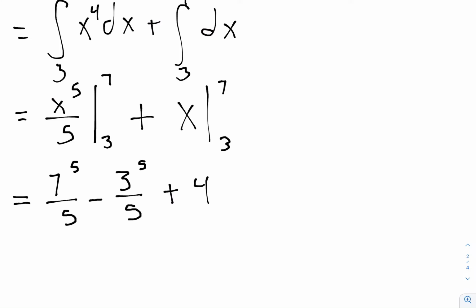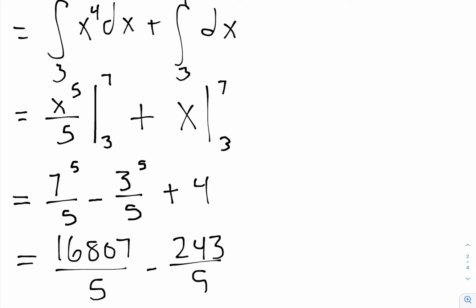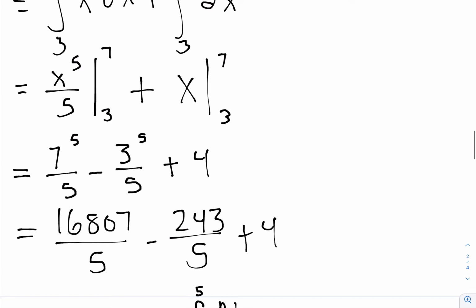So 7 to the power of 5, let's just do that right now. 7 to the power of 5, that's going to be 16,807. So that'll be 16,807 over 5 minus 3 to the power of 5, that's going to be 243 over 5. And this is going to be plus 4 here.